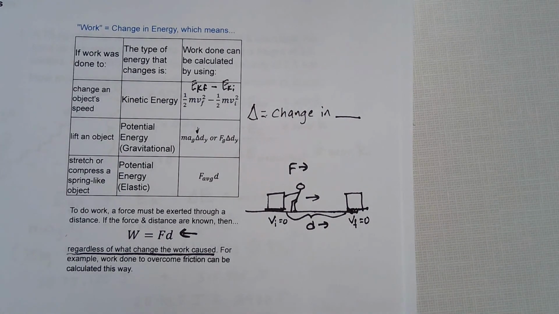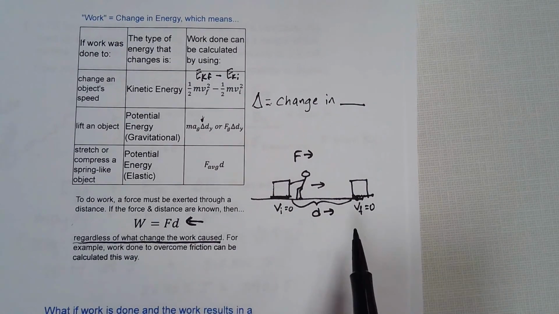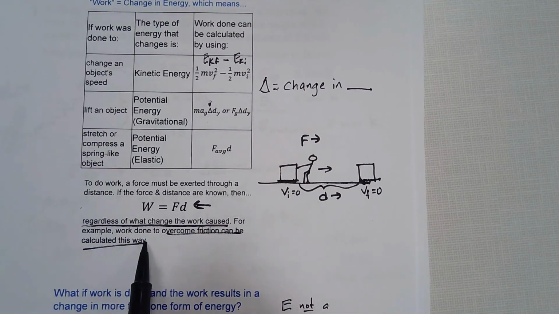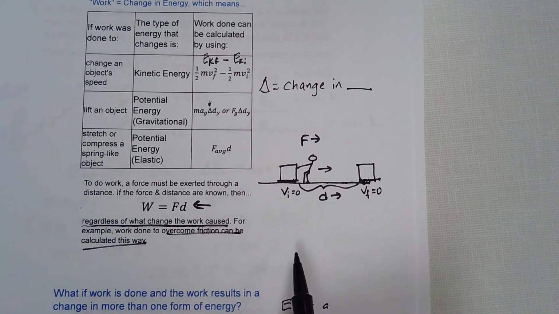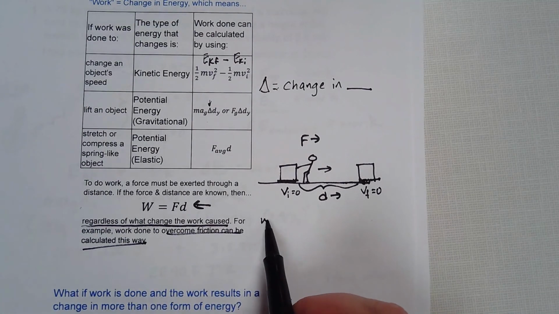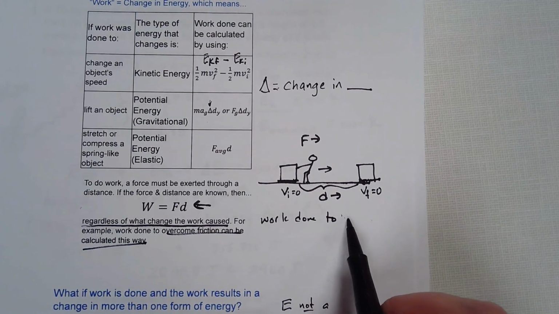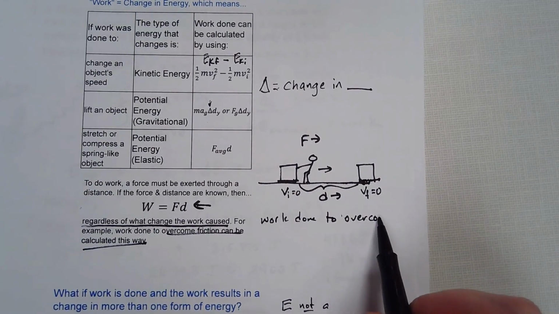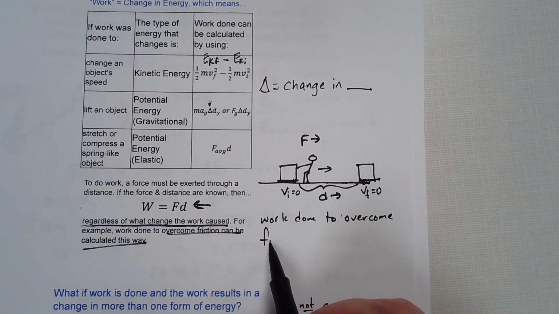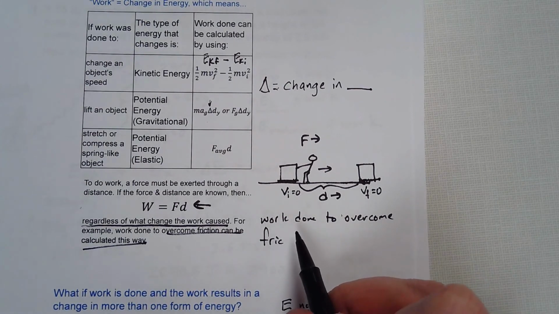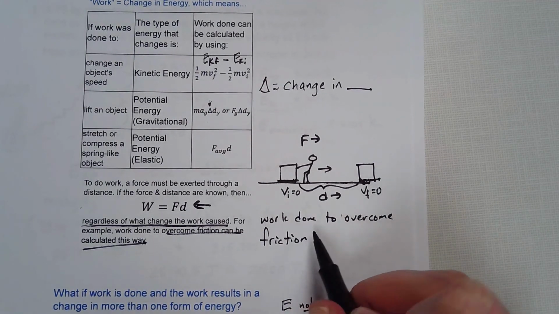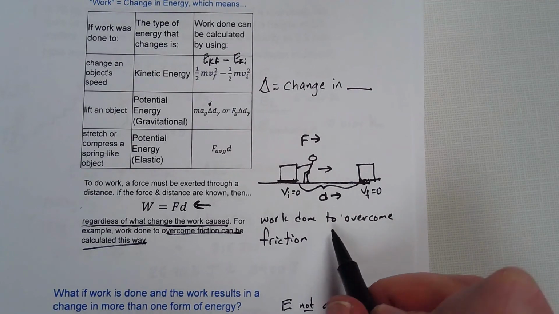It's friction. And whenever we overcome friction, we still have to do F times d to do it, but work done to overcome friction doesn't become a useful form of mechanical energy like kinetic energy or gravitational potential energy.